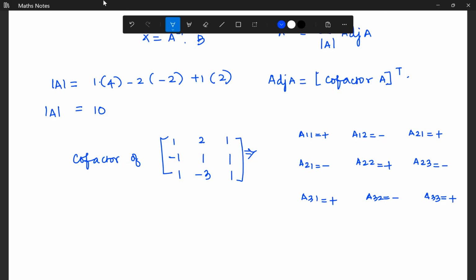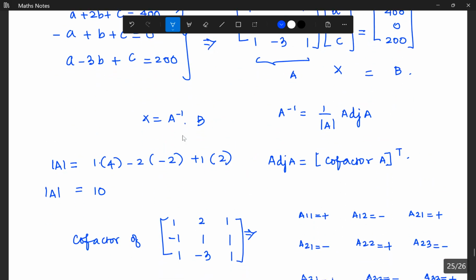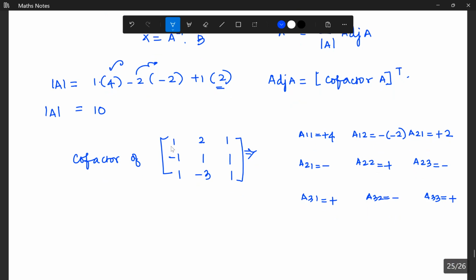Now the first row is already done, so we have this. So 4 minus of minus 2, which is 4. So this is 4 here, and this is minus of minus 2. This is actually minus of minus 2, right? So this is 2. We need to find the other cofactor elements.